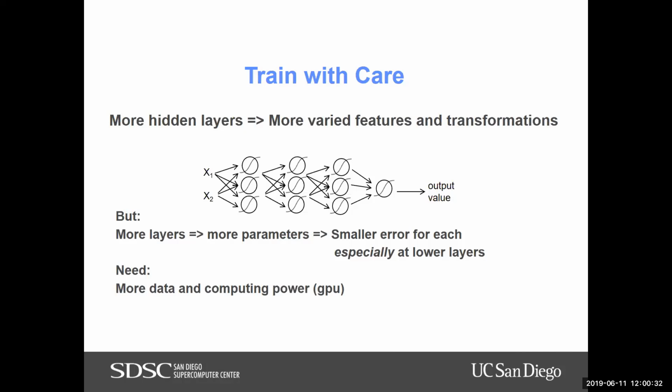And with GPU nodes, a lot of these calculations have become much faster, and people have figured out some tricks to help avoid overfitting. So you put all those three things together, and the neural networks have become very successful in the last, especially the last 5 years.